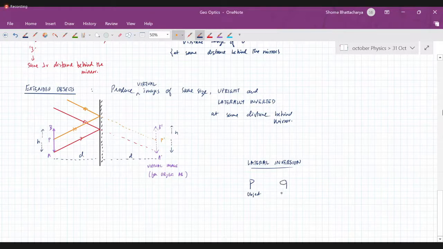Right becomes left and left becomes right. Okay. If this is the object, the image will appear to be like this.